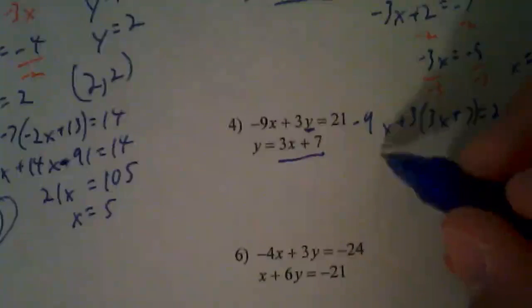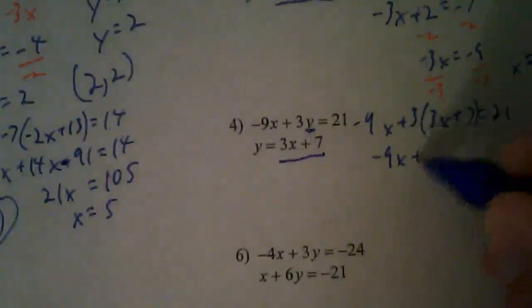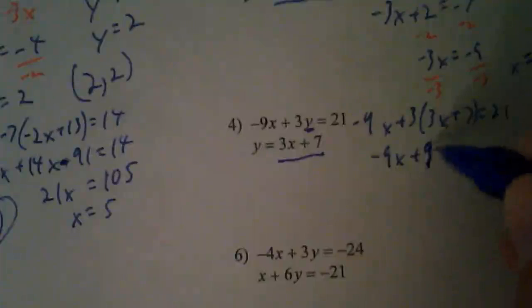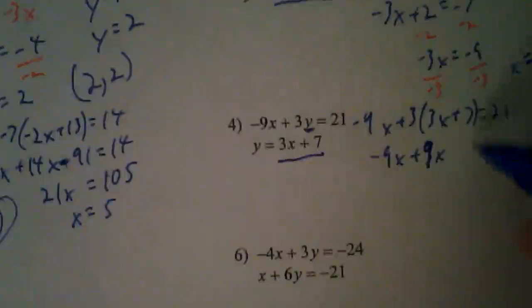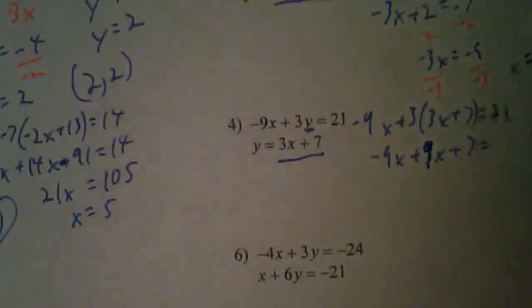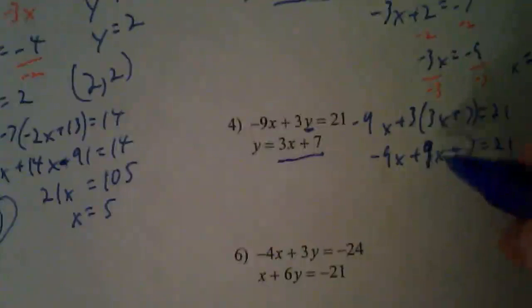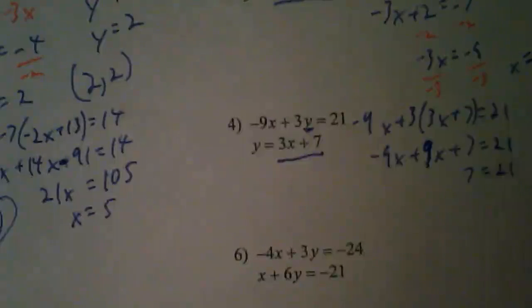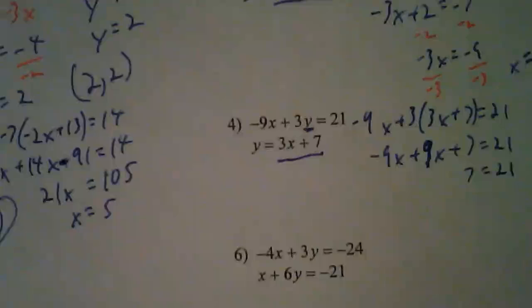Distribute the 3. So negative 9x plus 9x plus 7 equals 21. Well, positive 9, negative 9, those cancel out, and we get a statement that is false. Let's just double check our work real quick.